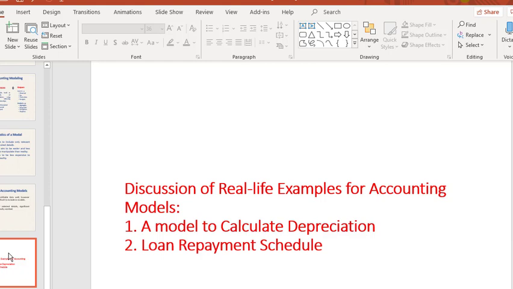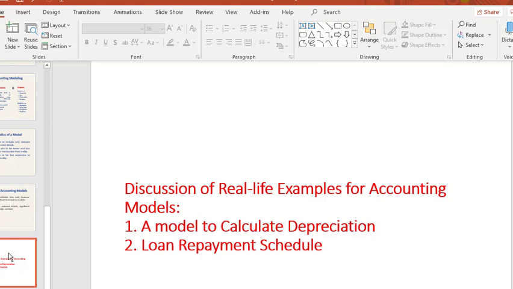But here I am not going to test you on what depreciation is, or the definition of accounting modeling. That is not needed. For your knowledge, you can explore the internet or other books on accounting modeling.